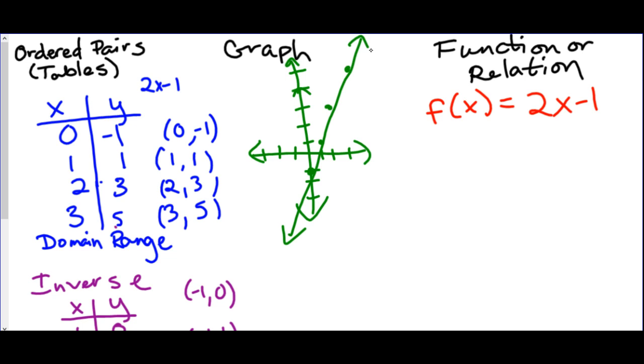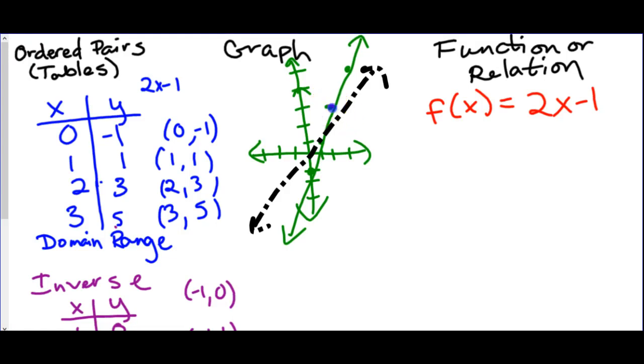To find the inverse using a graph, it's still going to be flipping stuff, but we're flipping across a 45-degree line. If we drew a line, pretend that's a little bit straighter than it is. If we drew a straight line at exactly a 45-degree angle, to find the inverse, we're just going to flip it over that 45-degree line.